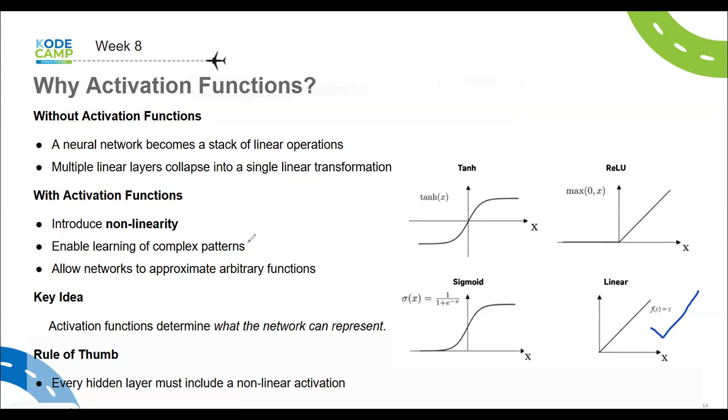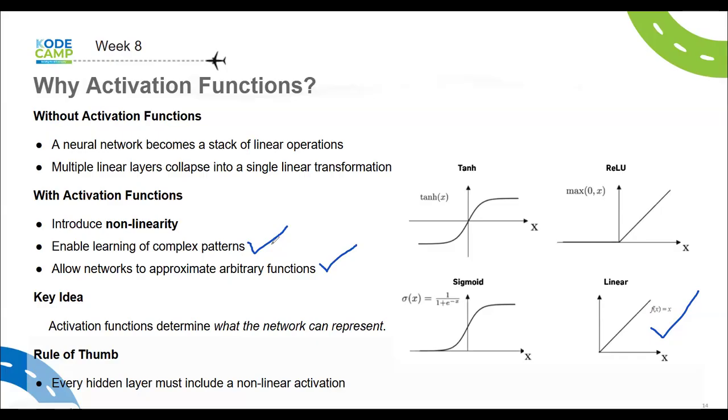With that, our models can then learn complex patterns because they can learn nonlinear decision boundaries, right? For classification problems, they can learn complex decision boundaries. For regression problems, they can learn to approximate any arbitrary function.